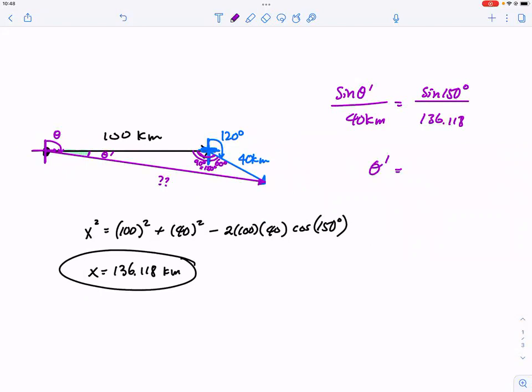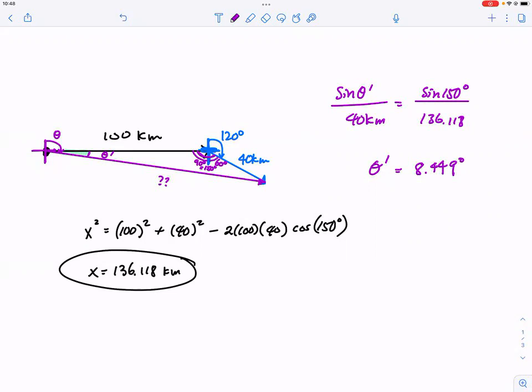So here, sine of 150 divided by 136.118, and then times 40 kilometers. And then inverse sine, so you have theta prime at 8.449 degrees. Now that is just the little angle in the triangle.